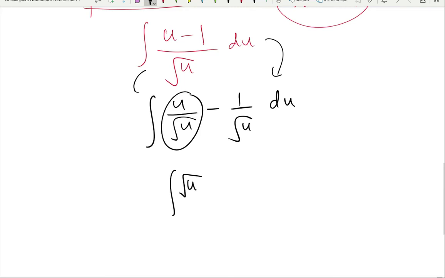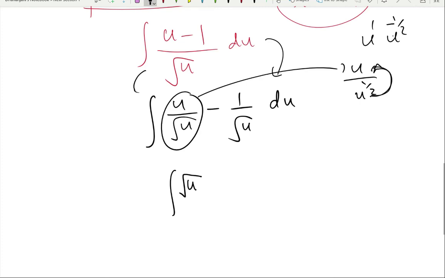Or you can think of this as u over u to the half. Taking u to the half to the numerator, it becomes a negative power. So based on power rules, you add these two: 1 plus negative half is half. So that is why I get u to the half, or square root u.